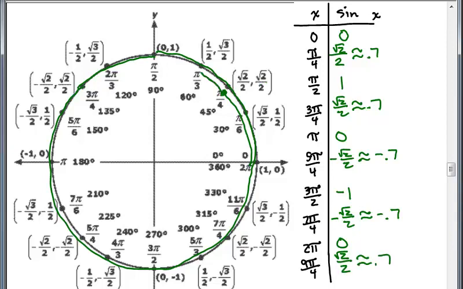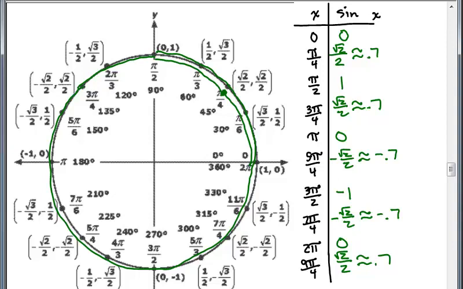If I go up to 2 pi plus pi over 2, which is 5 pi over 2, sorry, then I would have 1, and this starts repeating itself. So what's going to happen if you try to graph this is the values you get are just going to repeat. So that's something to keep in mind when we're doing our graphing.